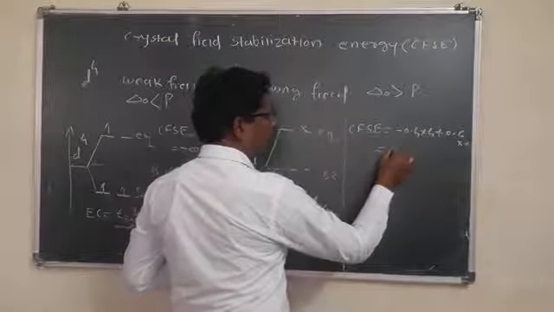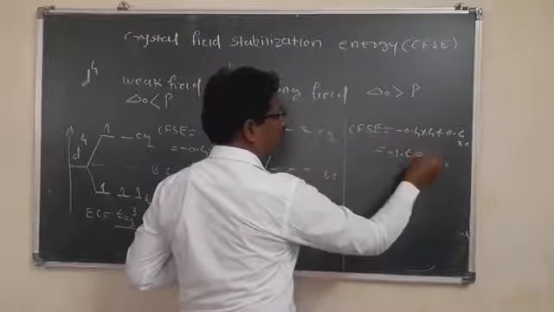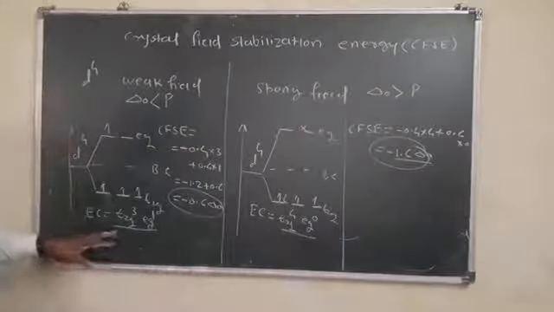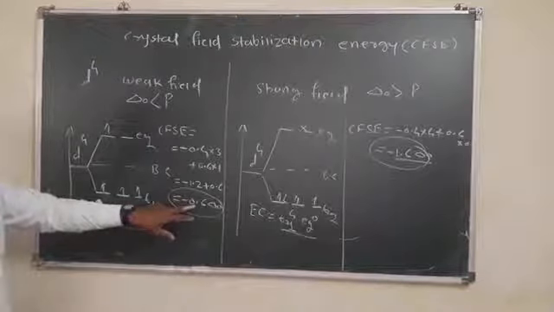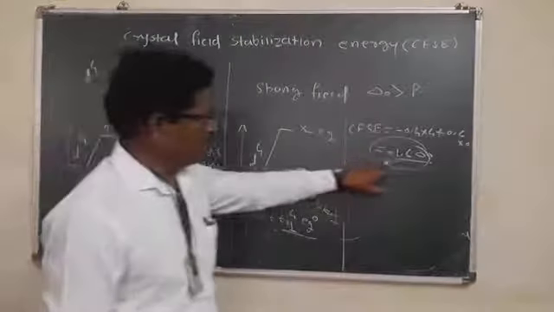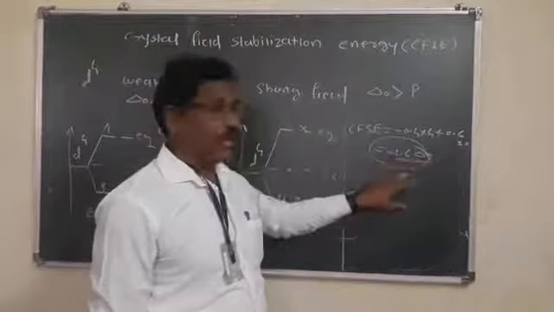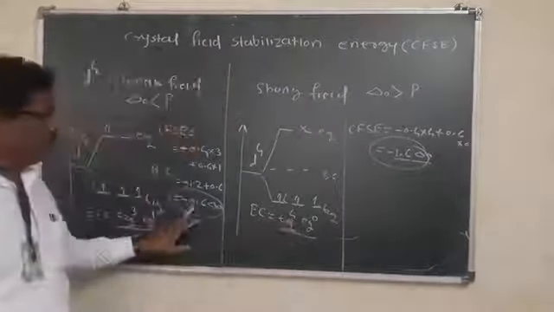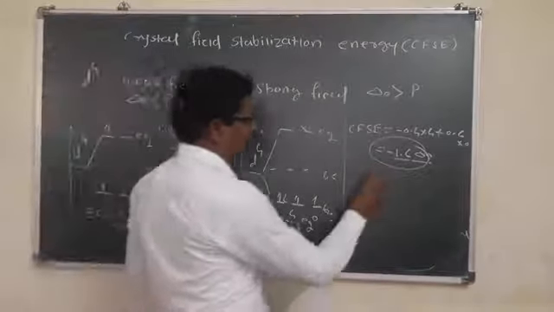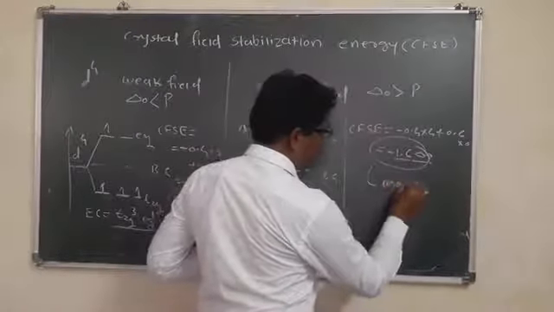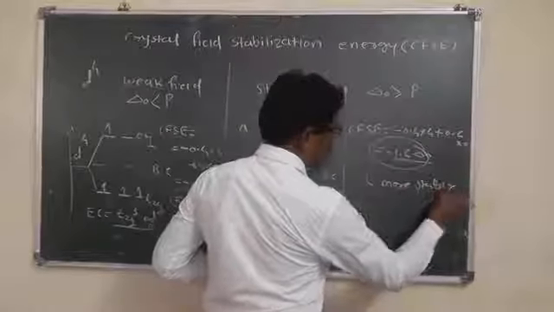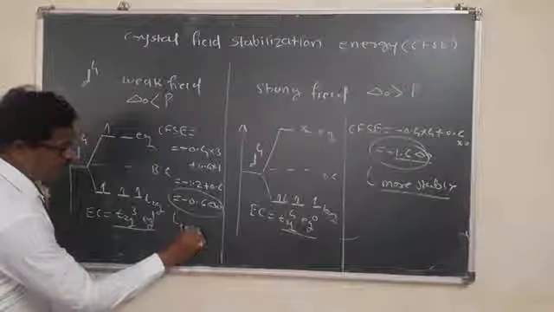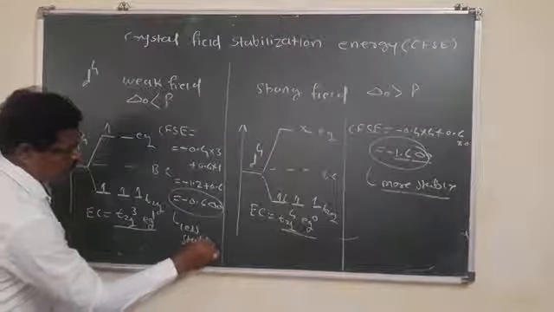Therefore minus 1.6 delta O, as compared to the crystal field stabilization energy of minus 0.6. Minus 1.6 is the lower energy, very low as compared to the other value, and therefore it is more stable, and this other one is the less stable complex.